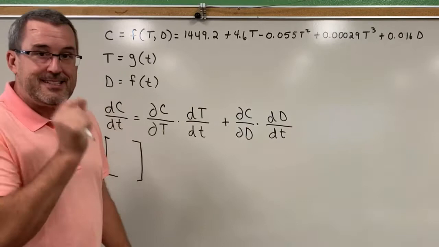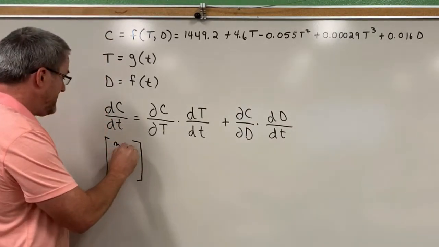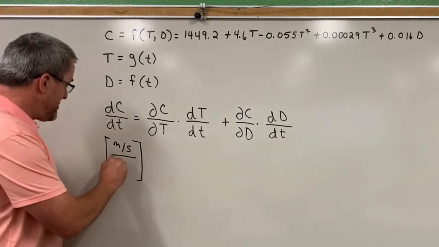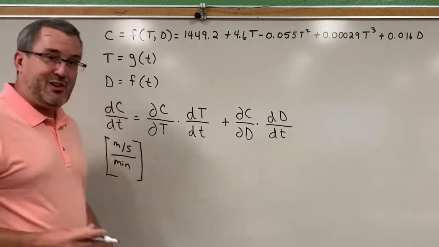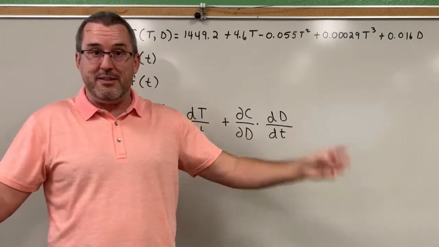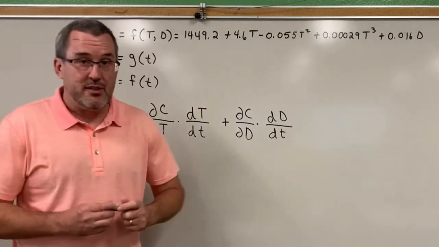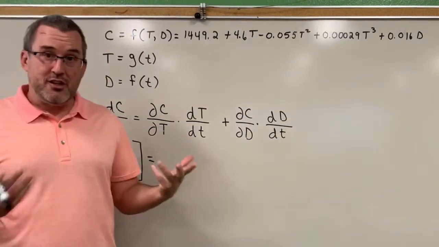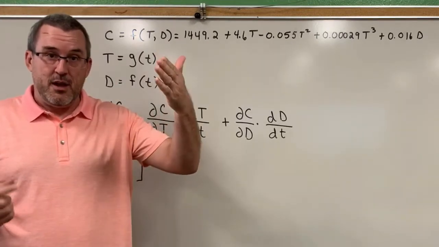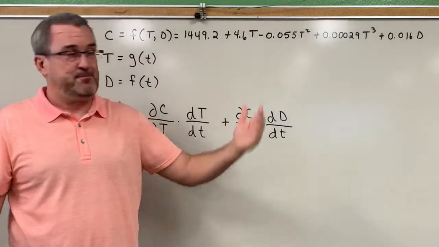C is the speed of sound measured in meters per second relative to changes in time measured in minutes. If you look at the graphs, the elapsed time that we were using in this problem is time in minutes. So the final result of dC/dt should come out to be how the speed of sound is changing in meters per second per minute that the scuba diver has been diving.